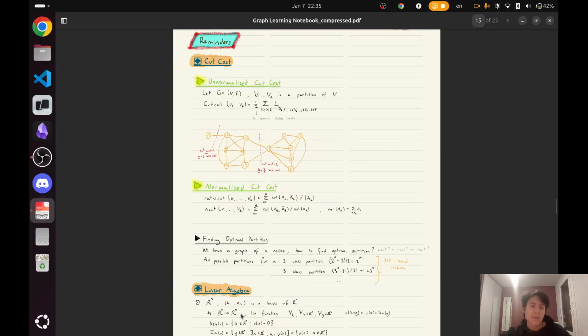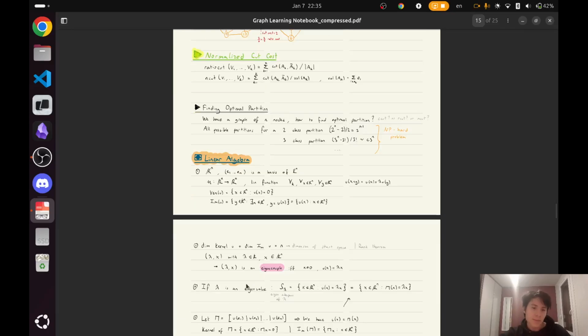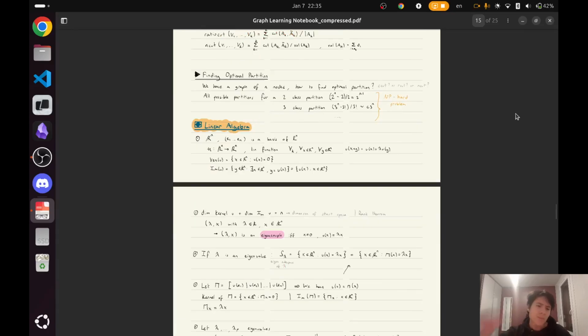With linear algebra, it's literally the easiest way to represent it. Basically, you compute something called the Laplacian, which is the degree matrix minus the adjacency matrix, and then you compute the eigenvectors of the Laplacian. The rows are the coordinates of the points, and you can perform k-means over this.